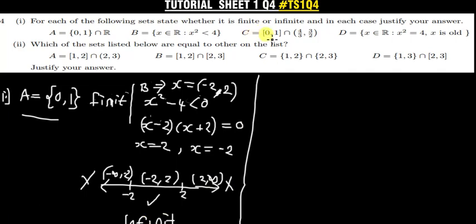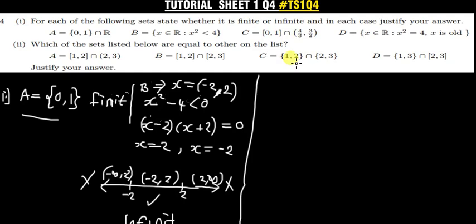So set C is saying (0, 1) intersection (4/3, 3/4). So 4 over 3 we can write in decimal numbers.